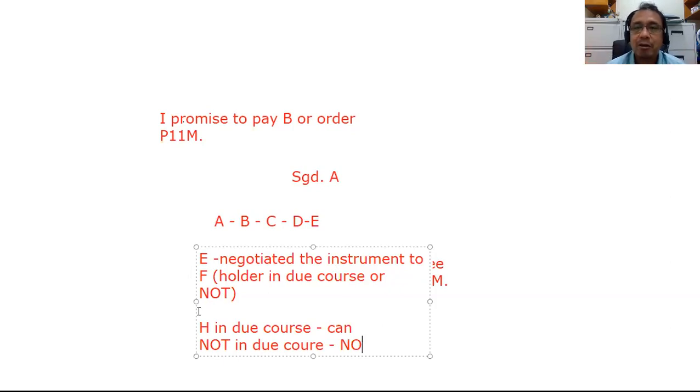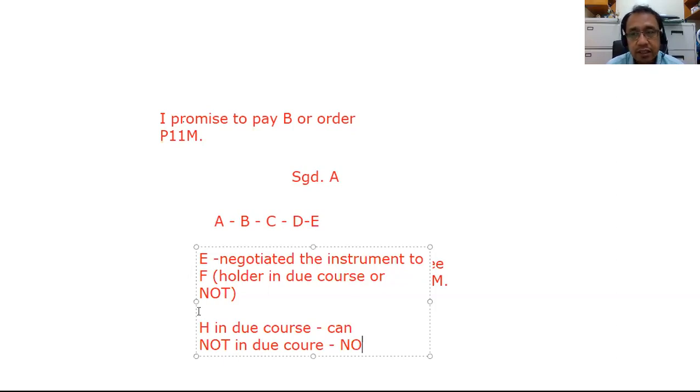Why? Because the signature of E appeared after the completion. What this says is, if you want to enforce payment against those individuals whose signature appeared before the completion, you have to fill it up strictly in accordance with the authority given and within a reasonable time.